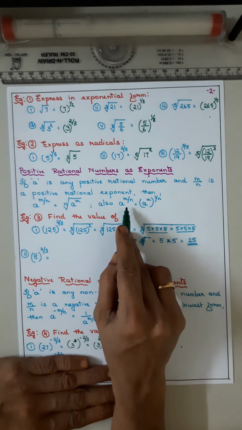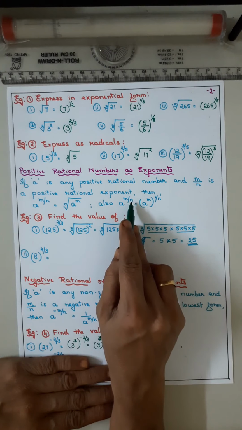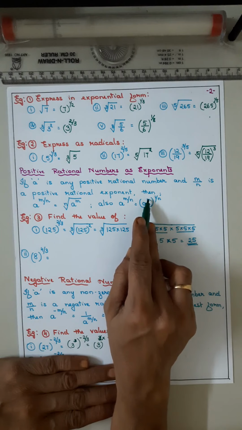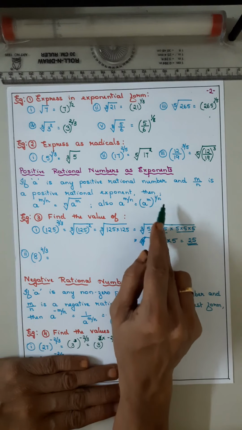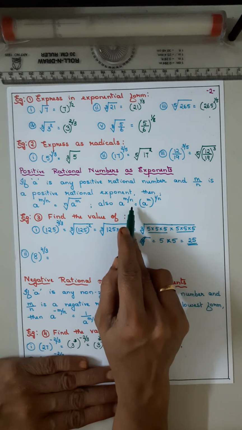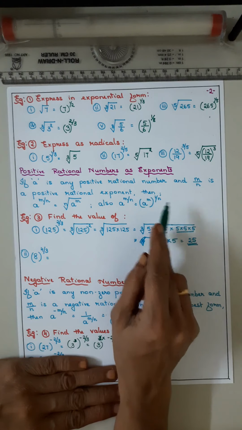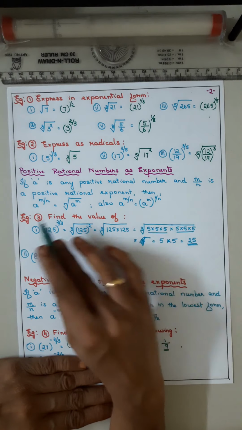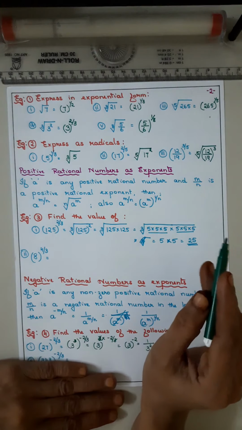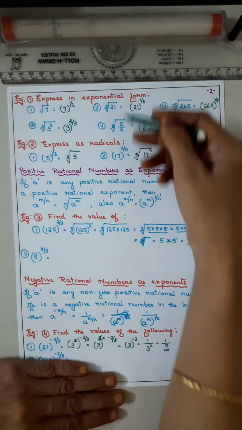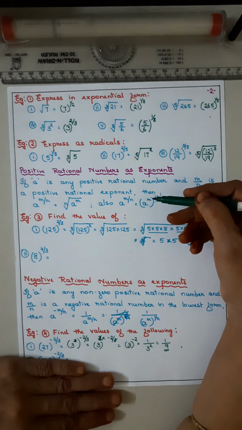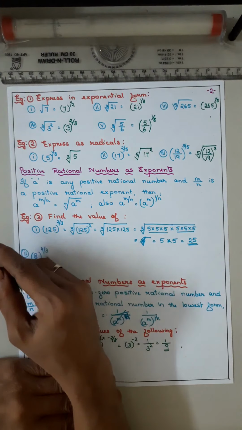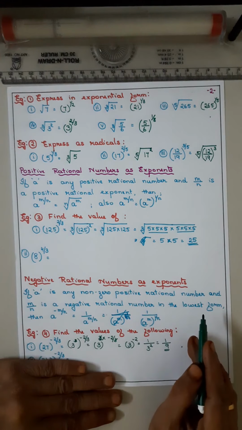That is also a to the power m by n is equal to a to the power m, the whole power 1 by n. m by n can be written as m into 1 by n, isn't it? So sometimes the question will be like this, so for that they have generalized. So this is the general rule: a to the power m by n is equal to the nth root of a to the power m.